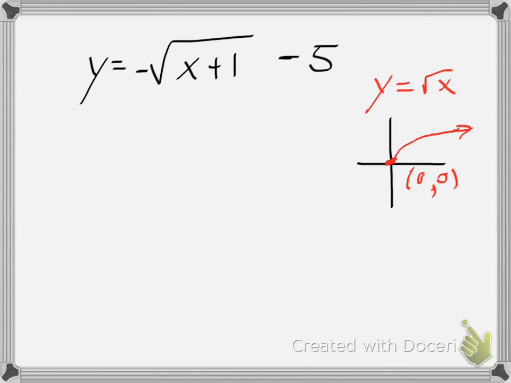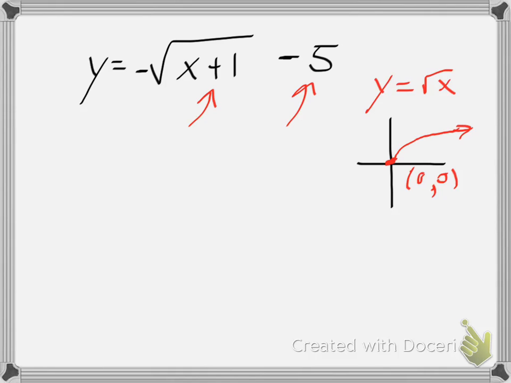I can tell because inside my radical I have an x plus 1, outside a subtraction of 5, minus 5. These are my two translations. Similar to a translation inside parentheses, a translation inside a radical refers to a horizontal translation, left or right.